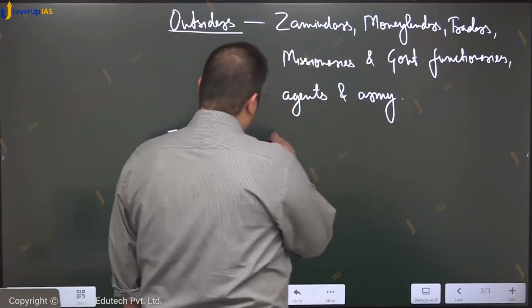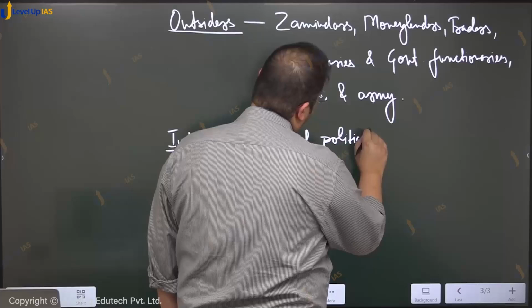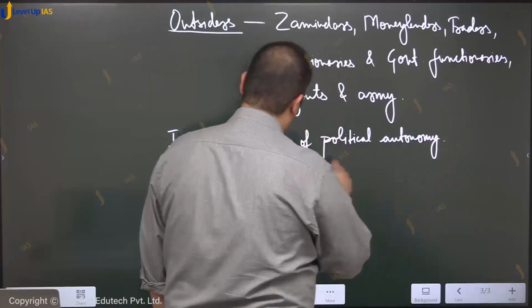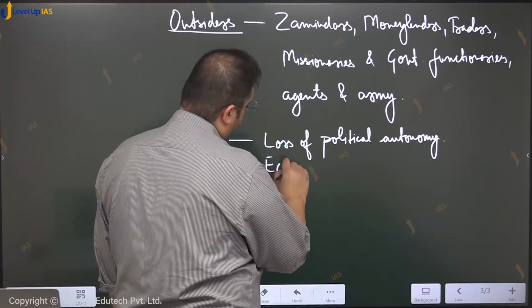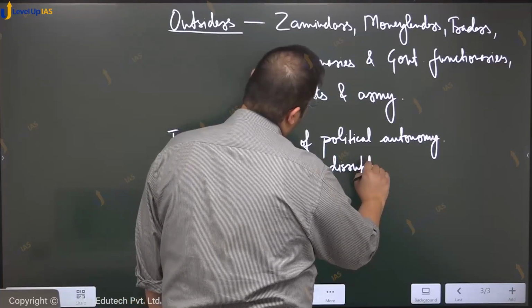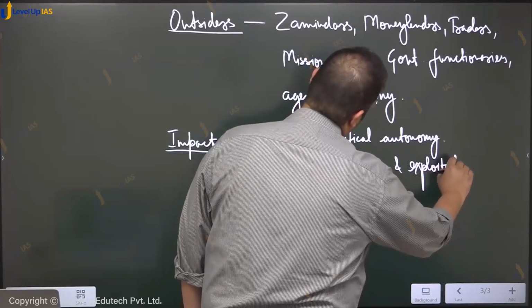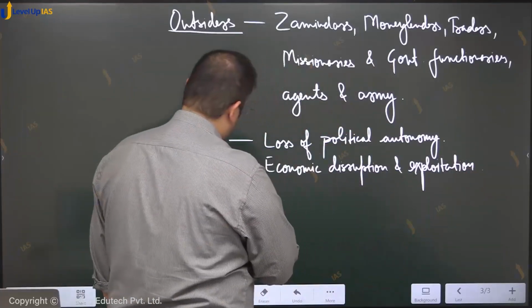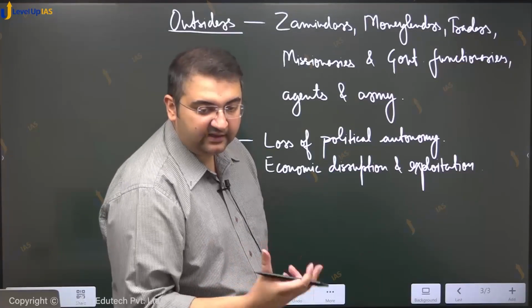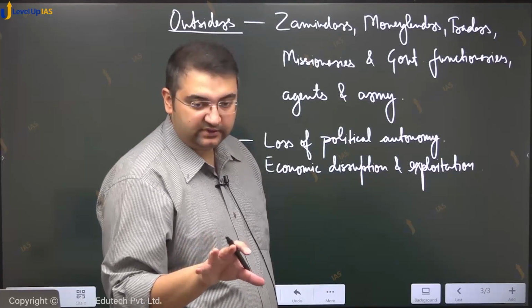So, impact was loss of political autonomy, complete economic disruption, and exploitation, and forcible integration of the tribals into the mainstream society characterized by a rigid Varna and caste hierarchy and their marginalization in this social structure.